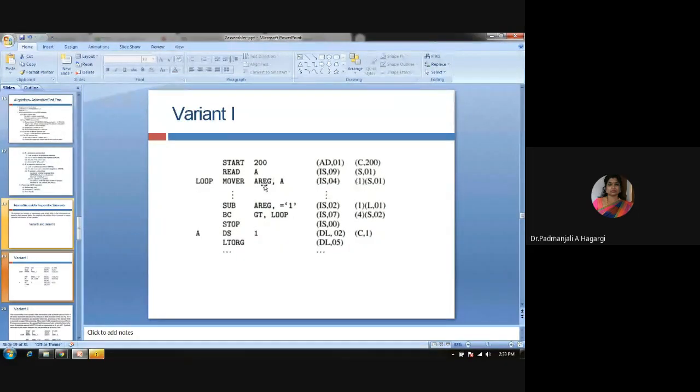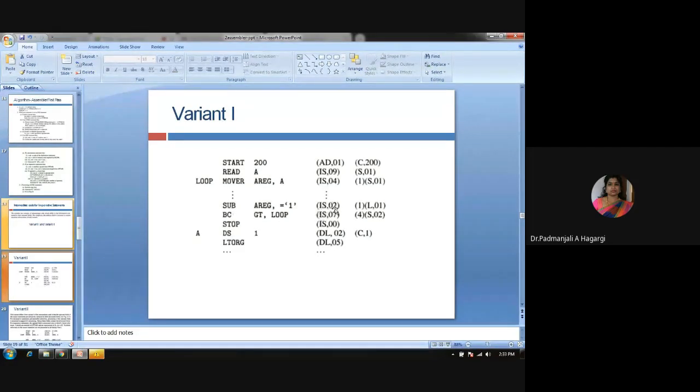AREG is category 1, and A is a symbol, the first symbol pushed onto the symbol table, therefore its value is 01. Now sub has opcode value 02, as add has 01, and sub is an imperative statement.